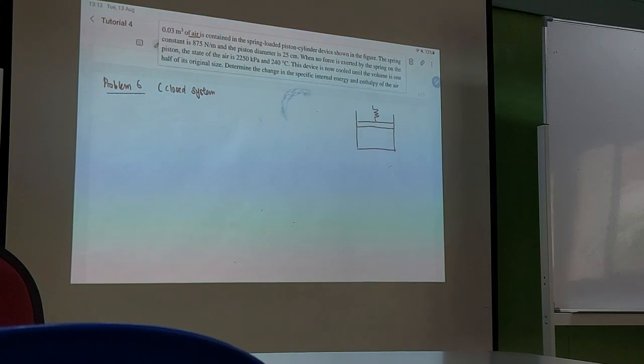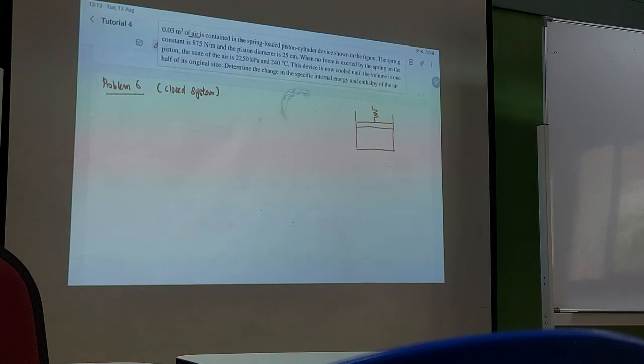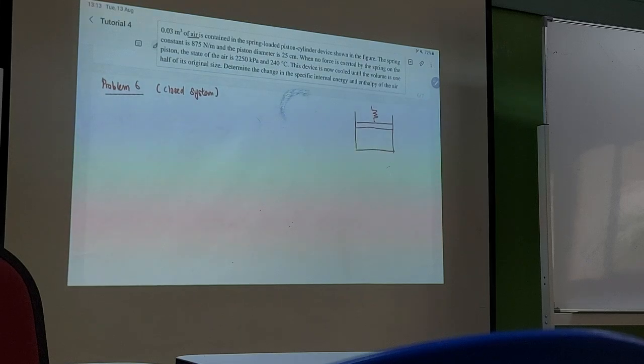Okay, the next thing you need to do, of course, is look at what substance you have, which is air or water. That will determine how you want to solve the question.